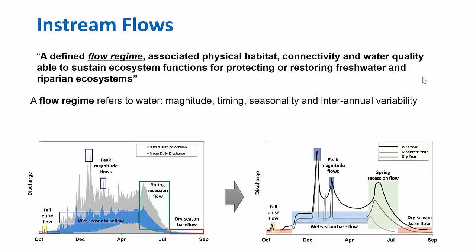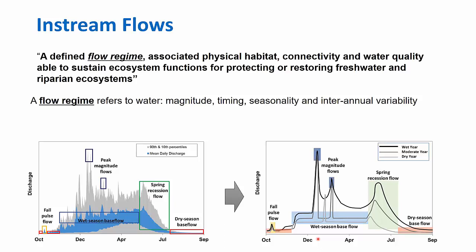So these are flow regimes, and this is basically what you're seeing on this graph. These are flow regimes that are associated with water quantity, physical habitat, connectivity, water quality, and all of these flow regimes, this variation within a year and throughout different years, will help to sustain, and in some cases restore, ecosystem functions that we want to protect, protecting and restoring freshwater and repairing ecosystems.